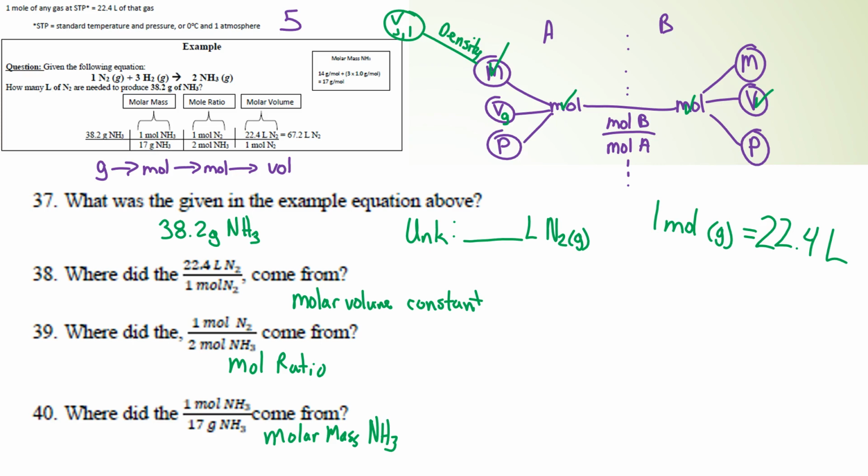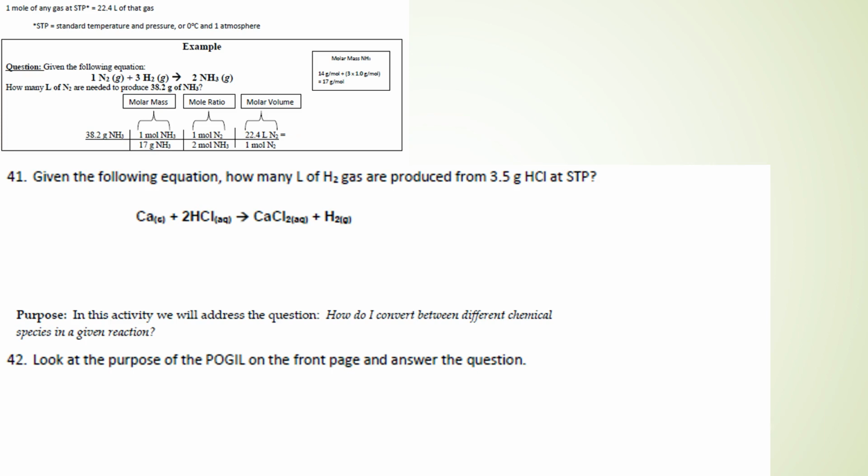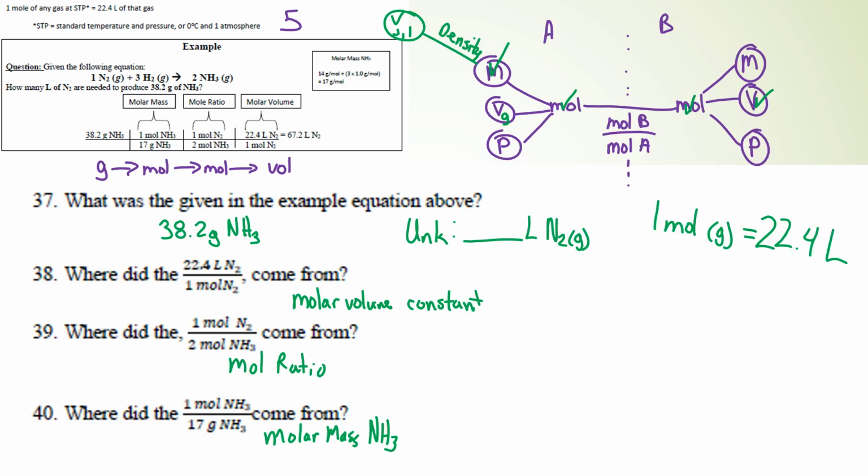Let me check something real quick because I don't think I added the slide I need. All right, it didn't ask us to do this in the POGIL, but just like before, I want to verify that we come up with the right answer. Actually, this one is not going to come up with the answer they put. They actually have the wrong answer in the packet.